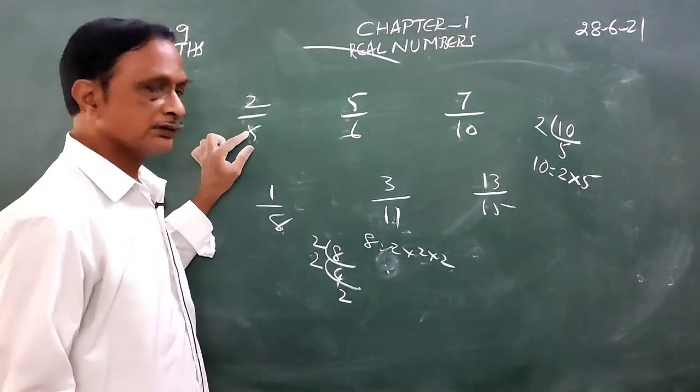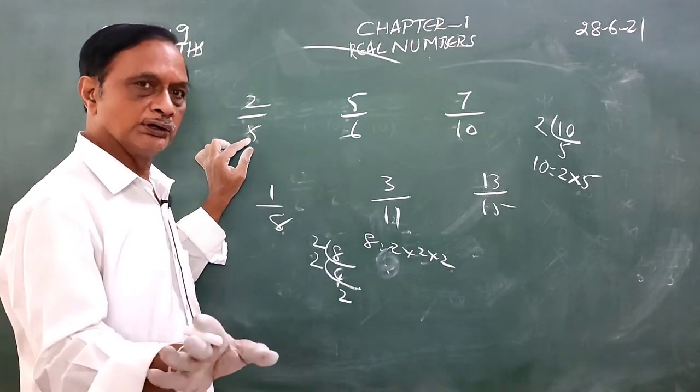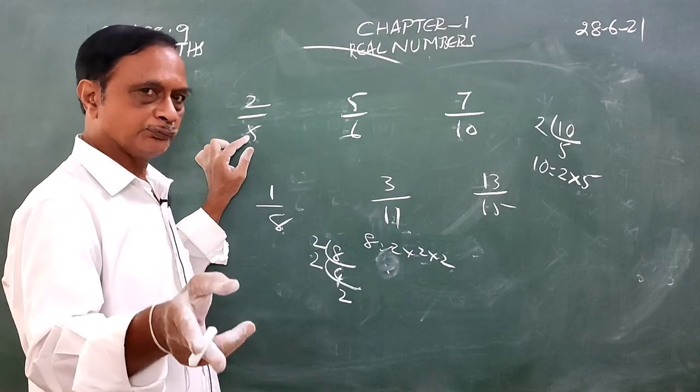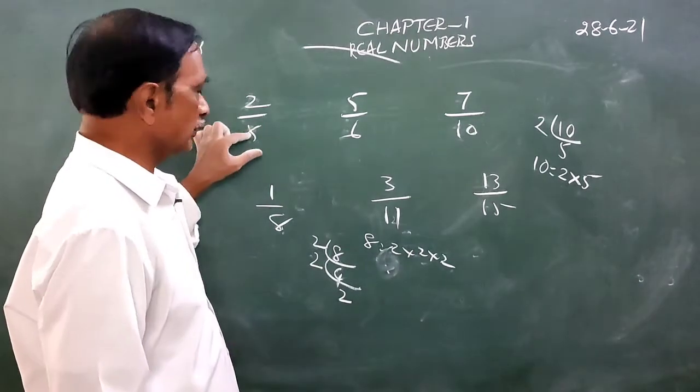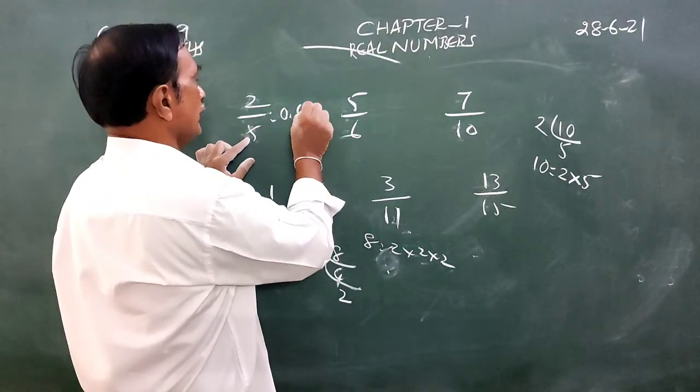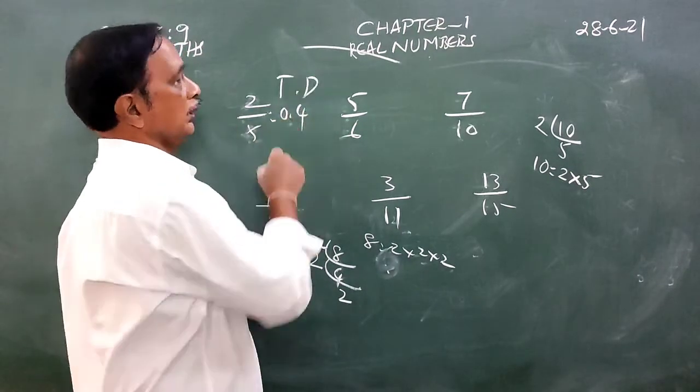Here the denominator consists of what prime factor? 5 only. Do you find any other prime factor except 5? No. Now divide this one, you got 0.4, which is a terminating decimal.